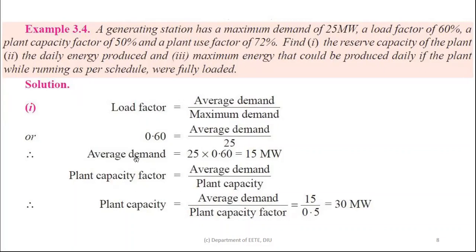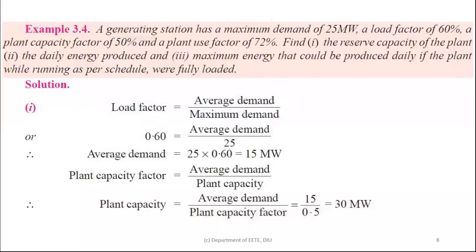So the average demand is 25 into 0.6, which equals 15 megawatt. The average demand is always less than the maximum demand. Putting this average demand and the plant capacity factor of 0.5, we get the plant capacity as 30 megawatt.